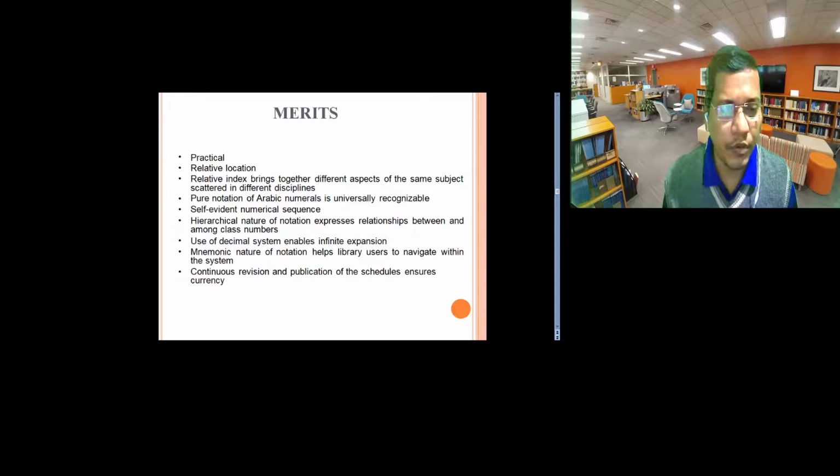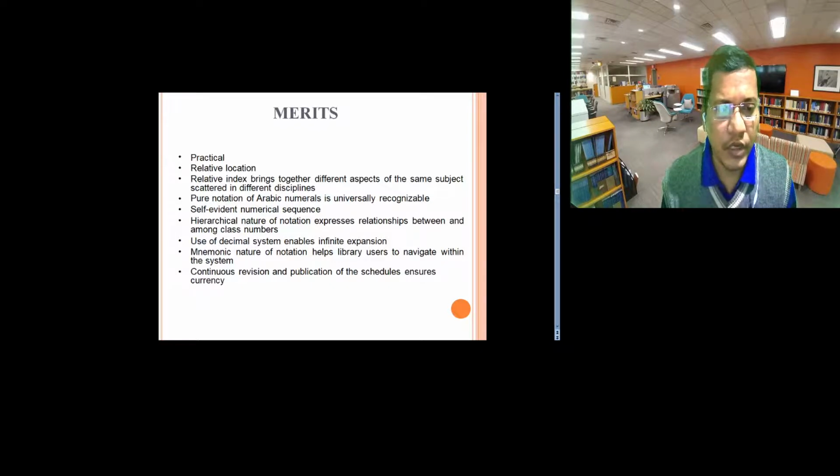Pure notation of Arabic numerals, the Indo-Arabic numeral, is universally recognizable, and it is used in this classification system. A self-evident numerical sequence is there, and the hierarchical nature of notation expresses relationships between and among class numbers. Use of the decimal system enables infinite expansion.